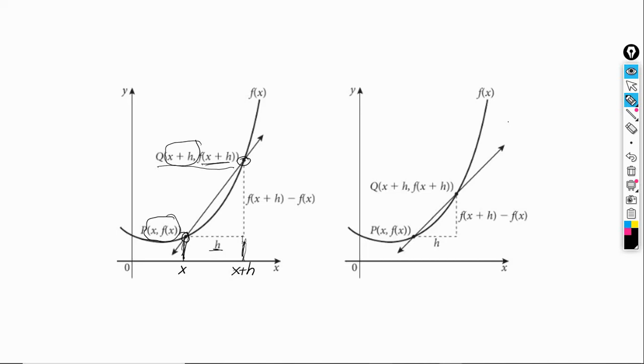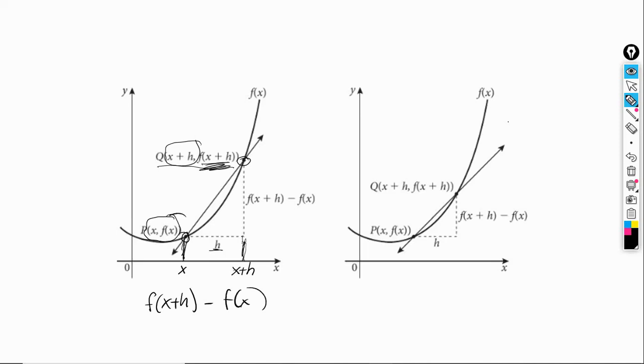Notice that if we wanted to find the slope of that line, and this is called a secant line because it's going through the graph a couple times and it's not tangent at any point, the slope of this line in this first example to the left would be the difference in y, which would be f of x plus h minus f of x, right?